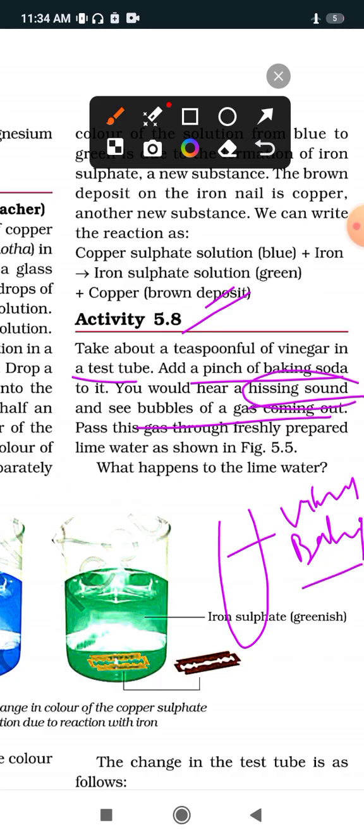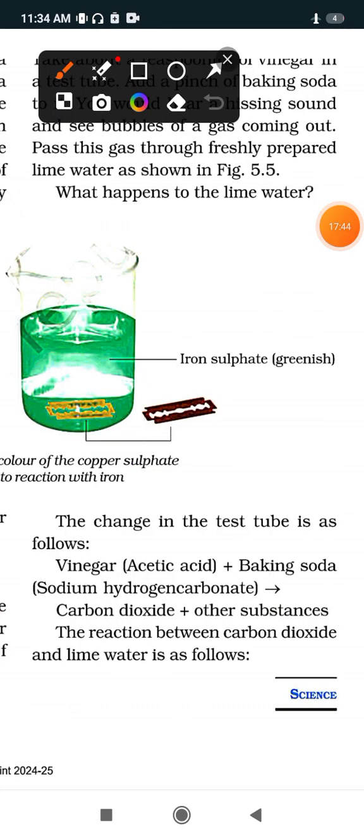We will see some bubbles coming out. Now what will we do? We will pass the gas through lime water. Now what reaction will occur? Vinegar plus baking soda gives carbon dioxide and another substance.